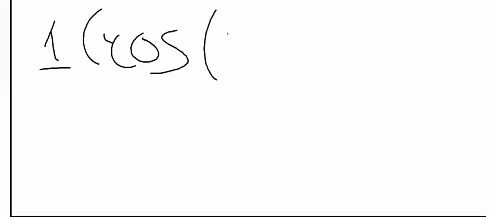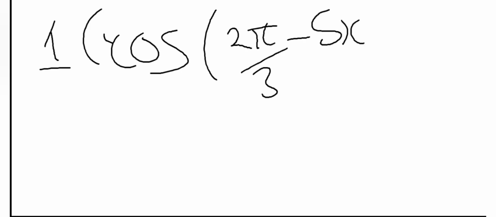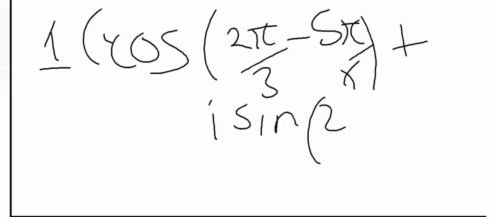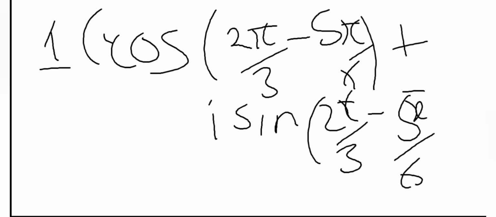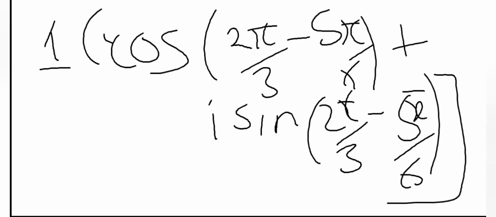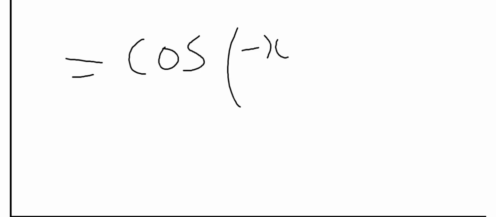Then the angles inside, they subtract each other. So in this case, you have cos and I sine of 2 pi over 3 minus 5 pi over 6, which in simpler terms is cos of negative pi over 6 plus I sine of negative pi over 6.